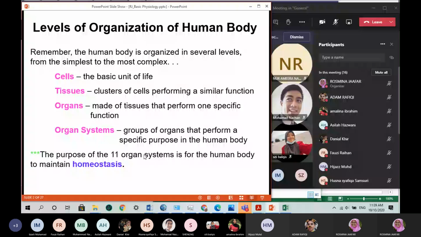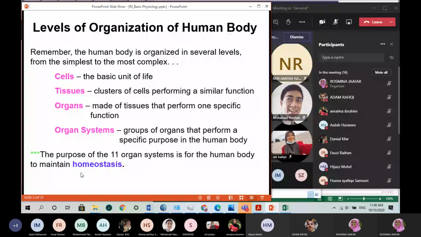To understand how the human body works, we can analyze the organ systems. There are 11 organ systems in the human body, and these organ systems interact with each other to maintain homeostasis. So what is homeostasis?